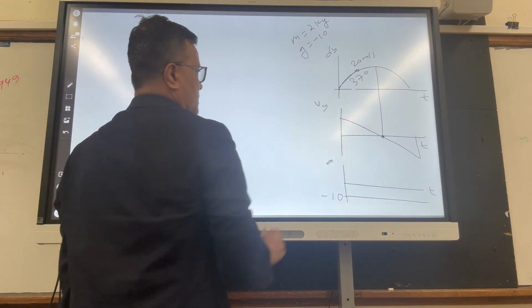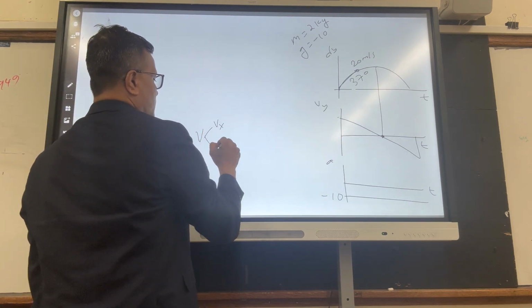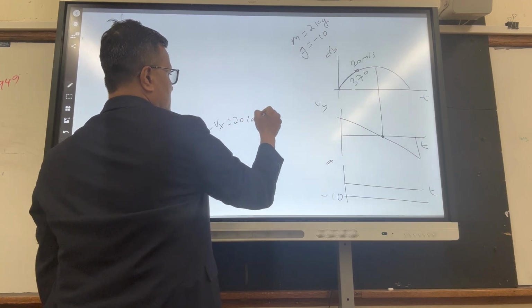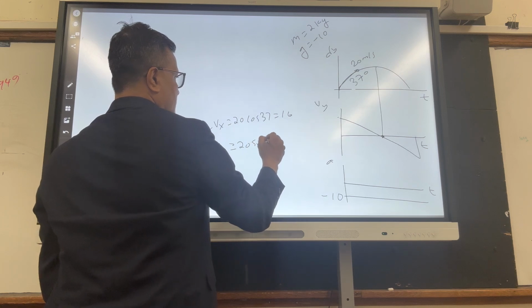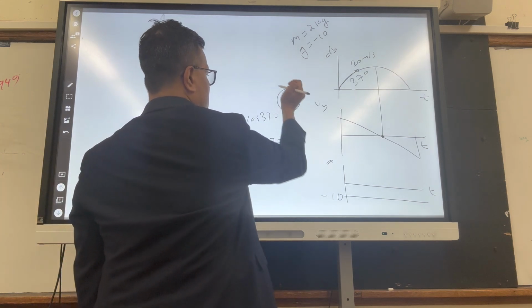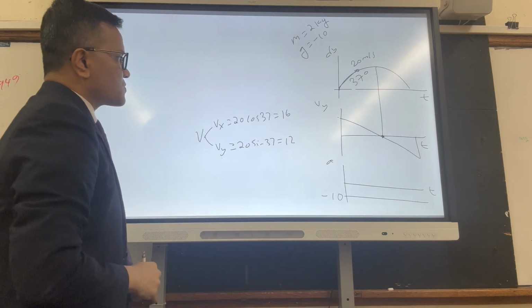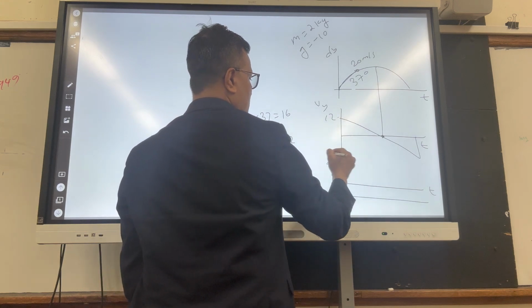Okay, so what is this one over here? Let's find this. Velocity has Vx and Vy. So 20 cosine 37, 20 sine 37, which is, no, this is 16, yeah, this is 12. But check, I wanted to check. So this must be 12 and this must be negative 12.